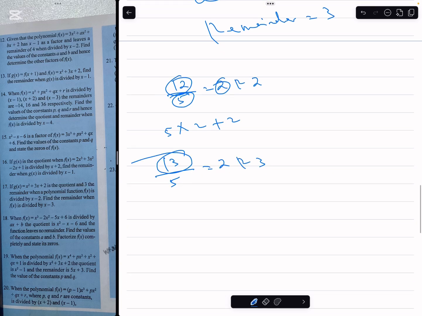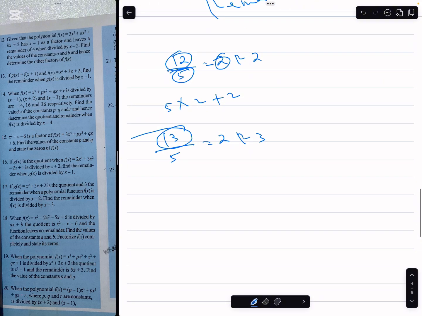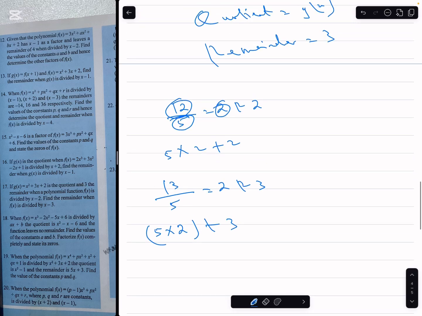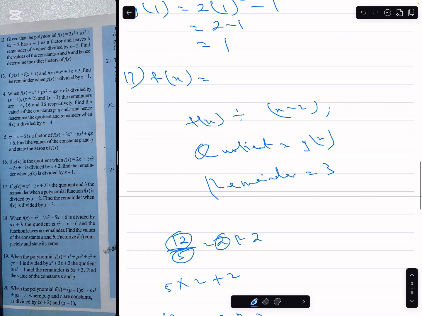This 13 is called the dividend, while this 5 is called the divisor. This 2 is a quotient, and this 3 is a remainder. So to get the dividend, you multiply the divisor 5 by the quotient 2 and add the remainder 3 to the answer.